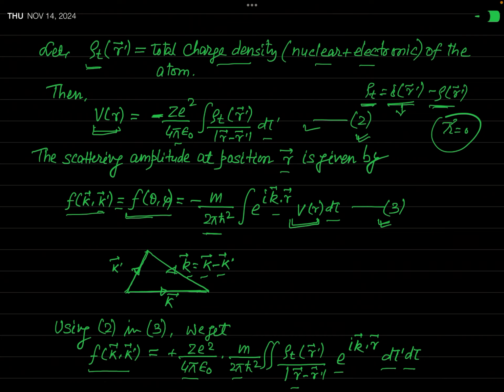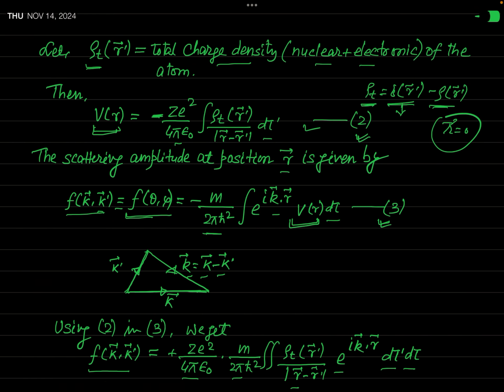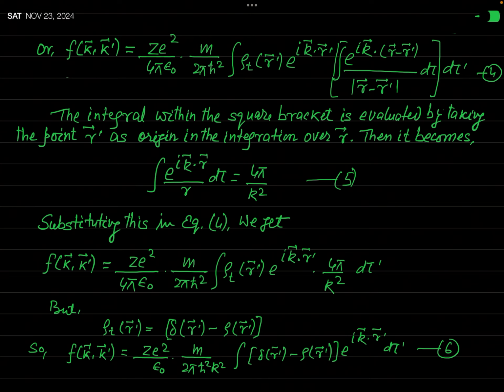Now for getting the value of this integral, first of all we will cast this expression in a suitable form so that we can evaluate it. For this, I have done a simple algebra here. In our original equation, the exponential factor is e to the power i kappa dot r. But you can see I have written here an extra exponential factor, e to the power i kappa dot r dashed.